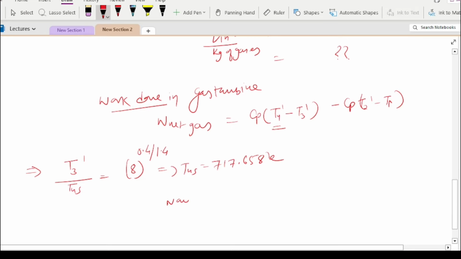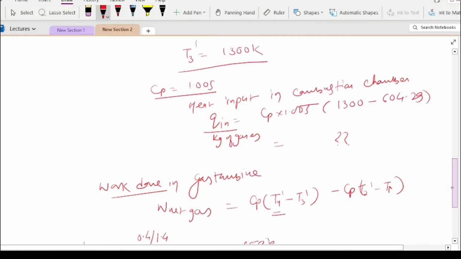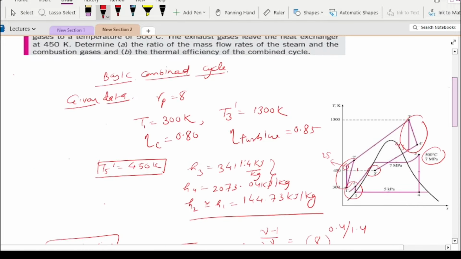Now this is not an isentropic process, therefore eta turbine has been given as 0.85, and it can be written as eta turbine equals T3 dash minus T4 dash divided by T3 dash minus T4s.